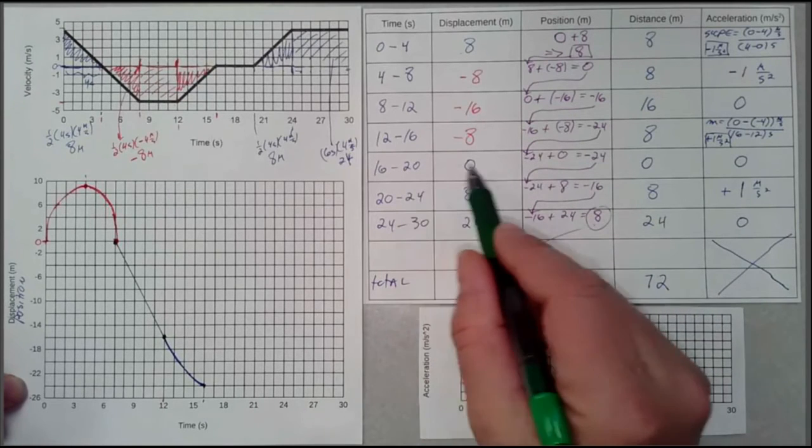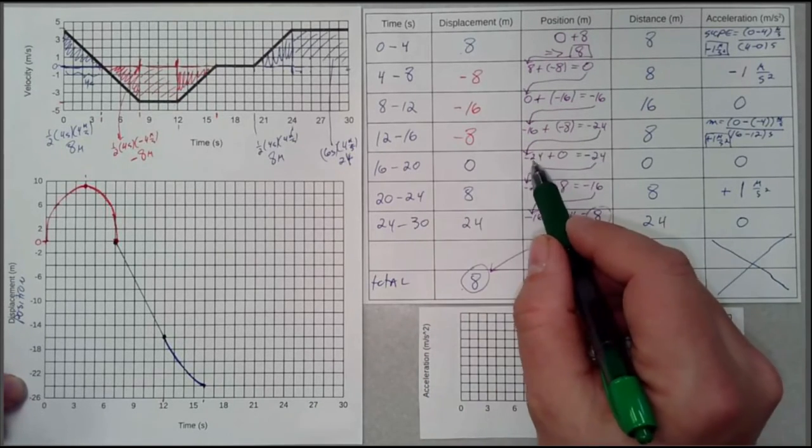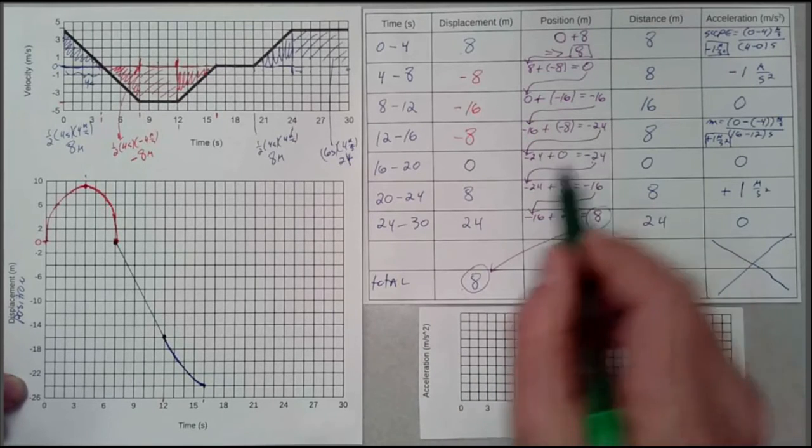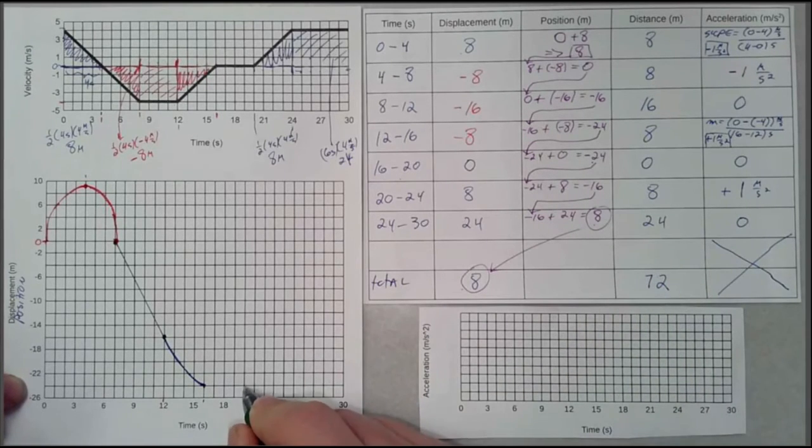Then from 16 to 20, there is no velocity, there is no acceleration. So -24 plus 0, -24. So at the end of 20 seconds, it's still at that same place. So what that means is this segment looks like this, right? It's not going anywhere. It stays at -24.